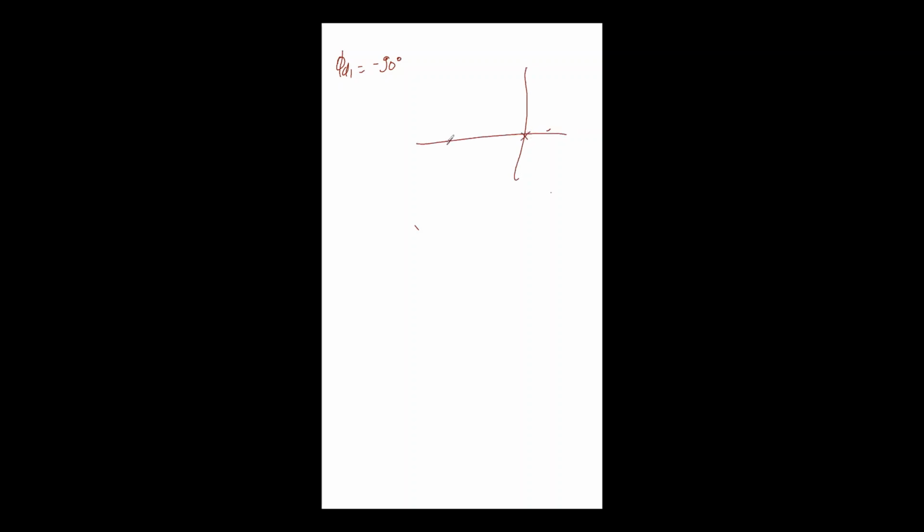This is one pole, this is another pole, and another, and another. So phi d2 will be calculated for this. What is phi d2? It is the angle contributed by this pole to this point. This is the whole angle, so you need to calculate this angle.